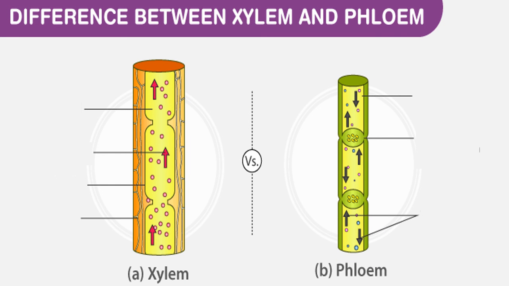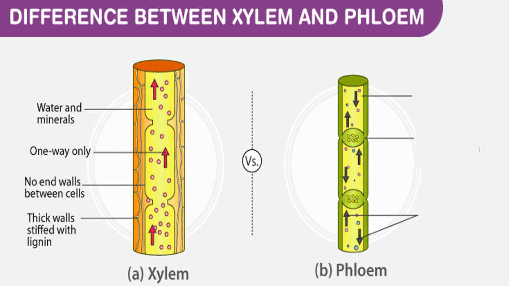Now, what's the difference between xylem and phloem? Xylem allows one-way flow of water and minerals. It is also a combination of dead cells that are found inside the tube. Yes, you heard it right.